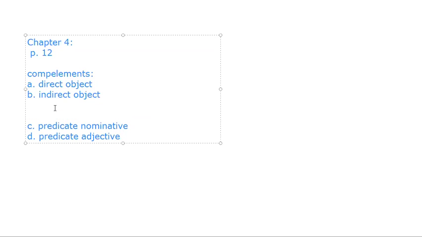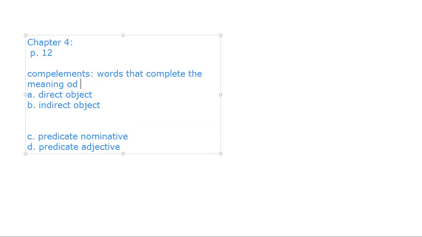And why did I separate them? Because we could find them with different types of verbs. Remember, at the end of the day, a complement is a word that completes the meaning of a verb. So complements are words that complete the meaning of a verb. Okay, so we have to look at the verb.